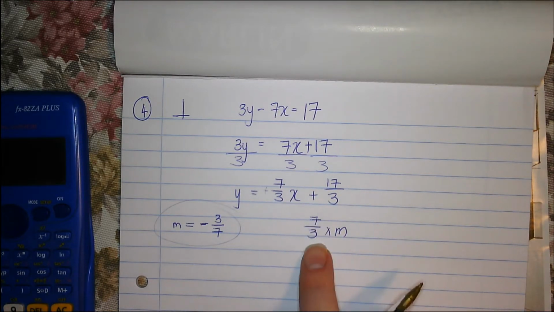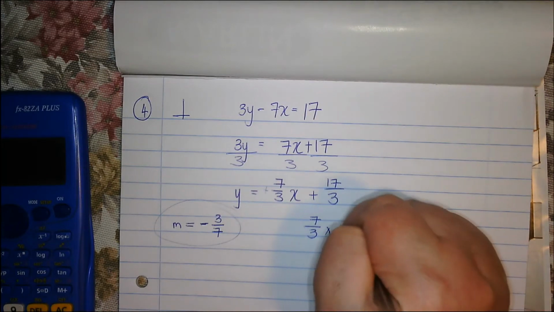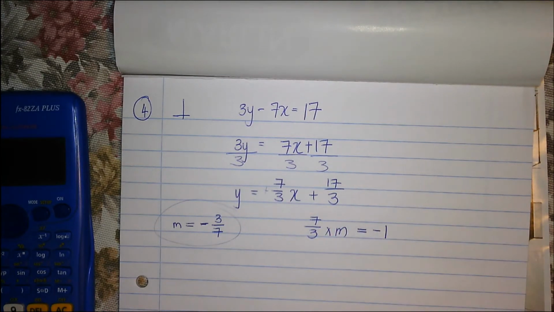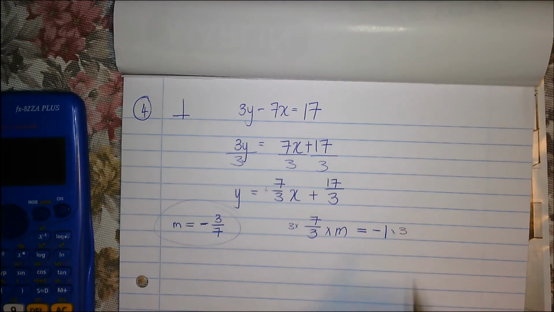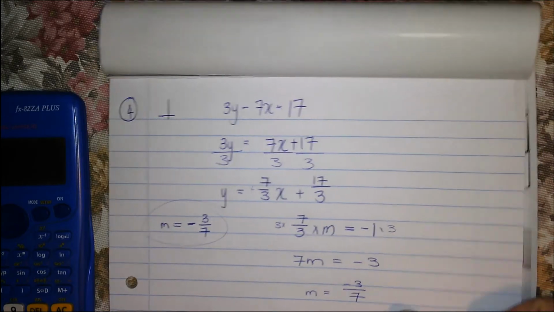So 7 over 3 times the gradient that we're looking for is equal to negative 1. So I multiplied both sides by 3 to get rid of the denominator 3. And then I divided by 7 on both sides to get m alone. Okay, so you can just remember that rule.